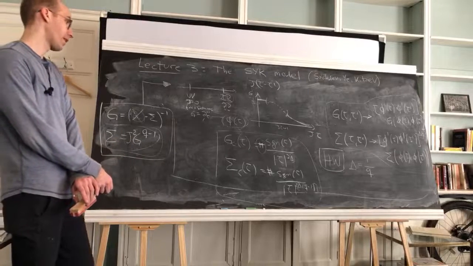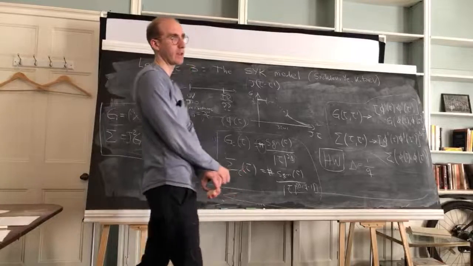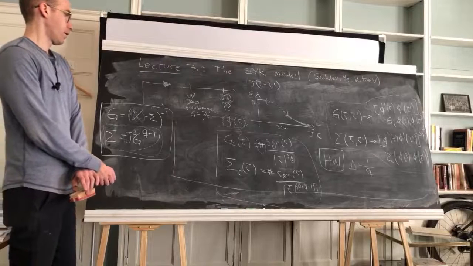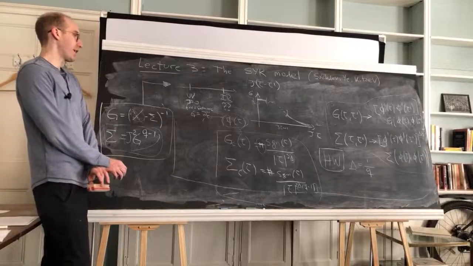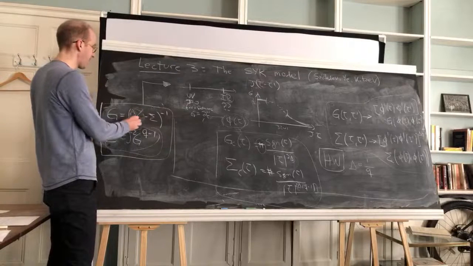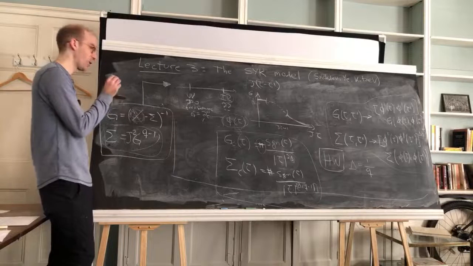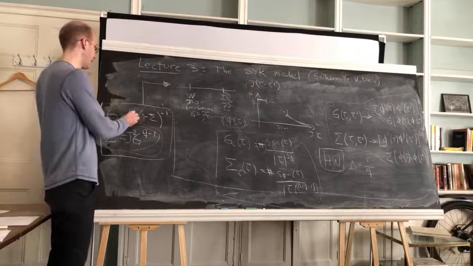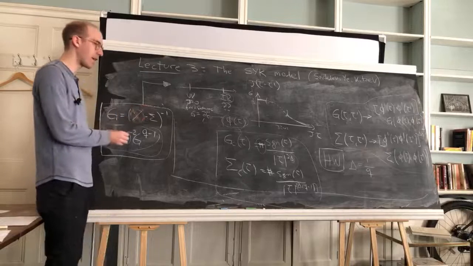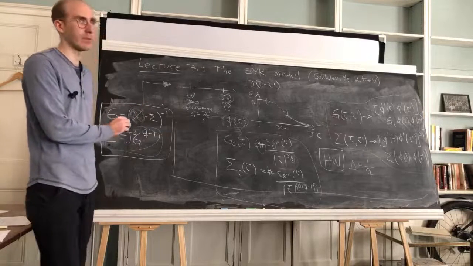And that's kind of the same pattern that was appearing last week in our JT analysis. And so the next thing I would like to do is to add back this delta tau term that I was throwing away and see what's the correction to these solutions that come from inserting back this delta tau term.